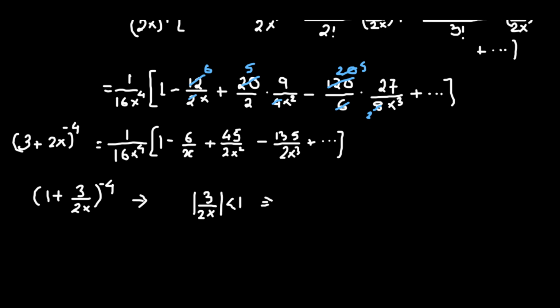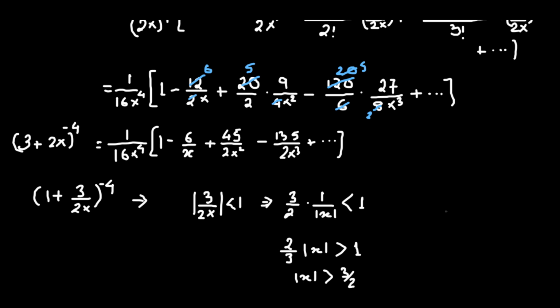And this should give us 3 over 2 times 1 over absolute value of x less than 1. We take the reciprocal on both sides, so that should give us 2 over 3 times the absolute value of x. Now when we take the reciprocal, the sign of the inequality flips. Now we multiply both sides by 3 over 2, and that should give us the absolute value of x is greater than 3 over 2.